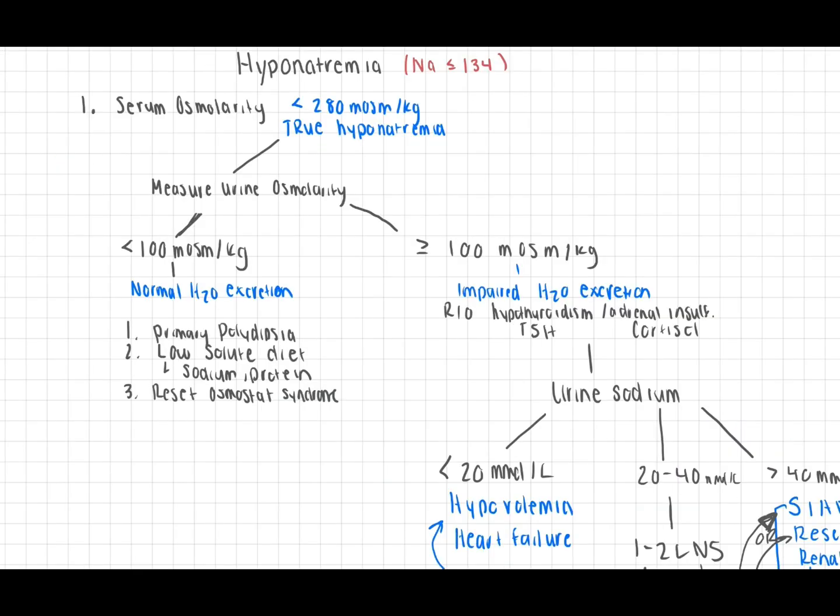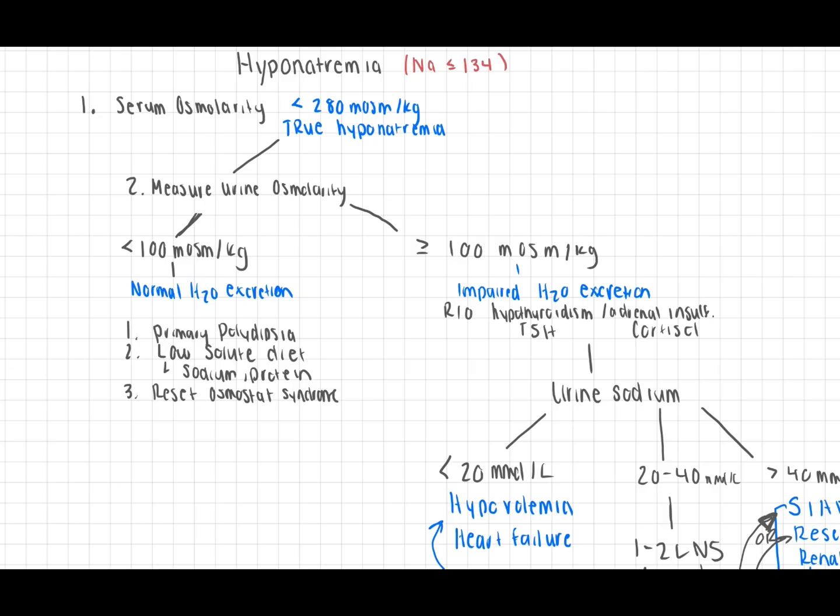Okay, so just to review, the first step you're going to do is check a serum osmolarity. Is your patient truly hyponatremic or not? The second step is to measure urine osmolarity and to see if you're making maximally dilute urine. If you are, that would indicate that your ADH is appropriately suppressed. Or are you making inappropriately concentrated urine?